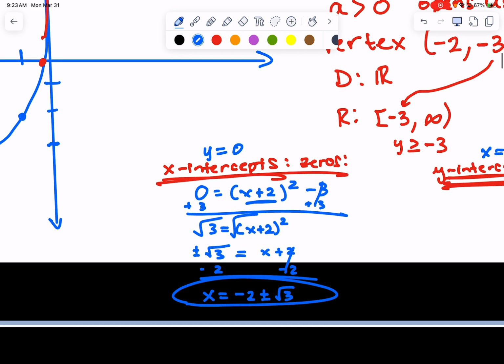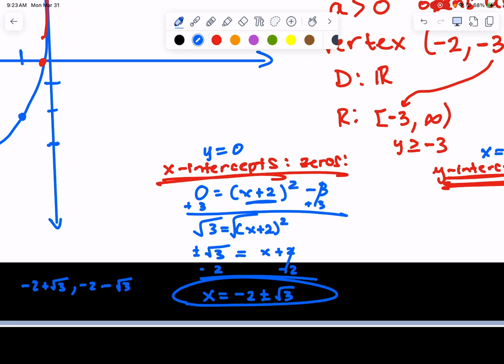Now, Addie already came and asked me about this on the My Open Math. Sometimes it says list the x-intercepts. Then you can just write negative 2 plus root 3, comma, negative 2 minus root 3 on the My Open Math. Sometimes it says list them as points.